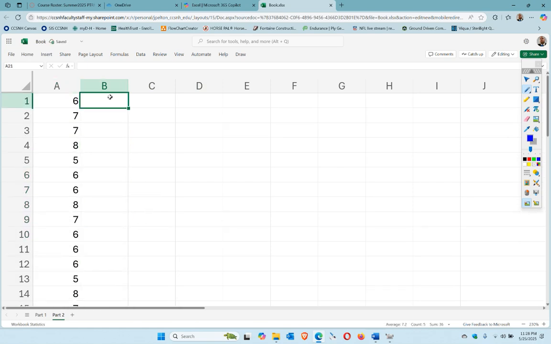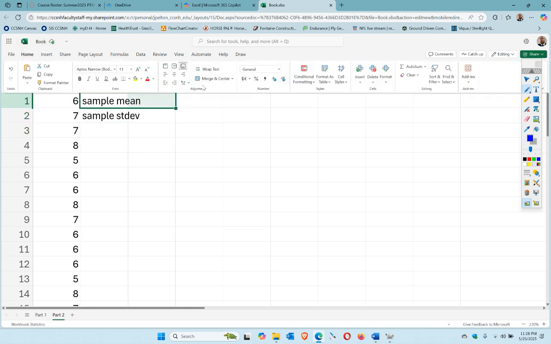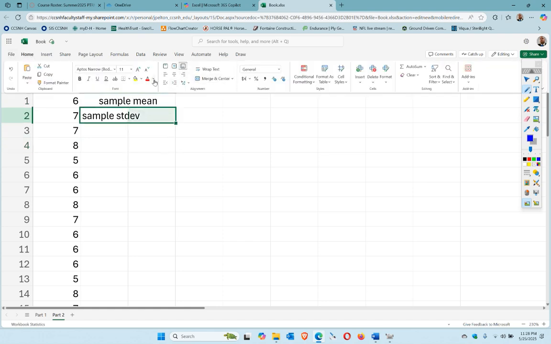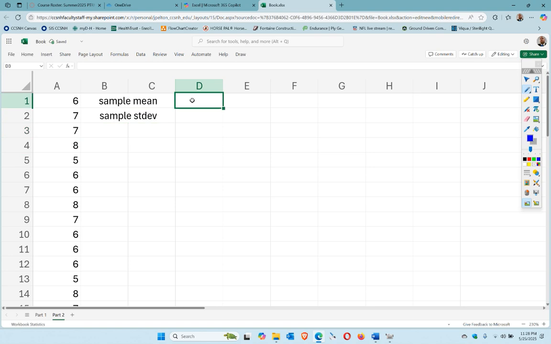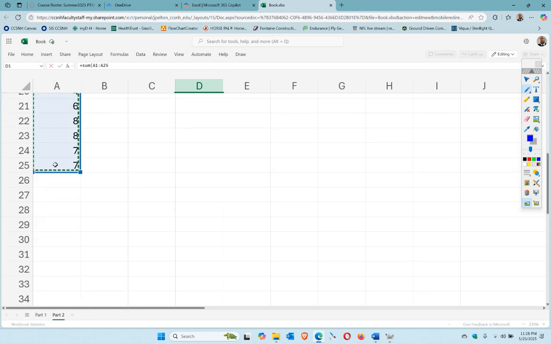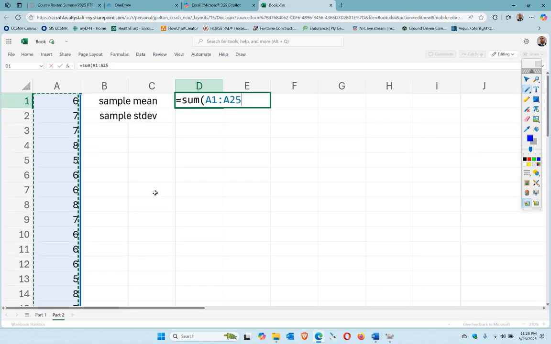Okay, so we want sample mean, sample standard deviation. Alright, let's link those together, merge them. Okay. Alright, so we're going to add up all the values. There's 25 of them, so we're going to divide it by 25.